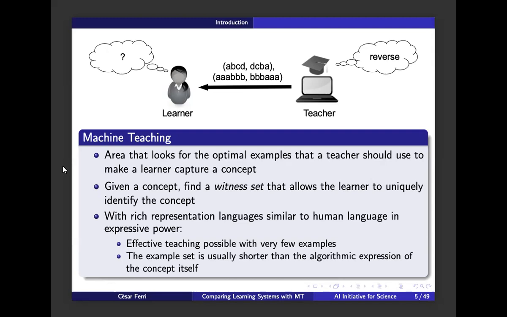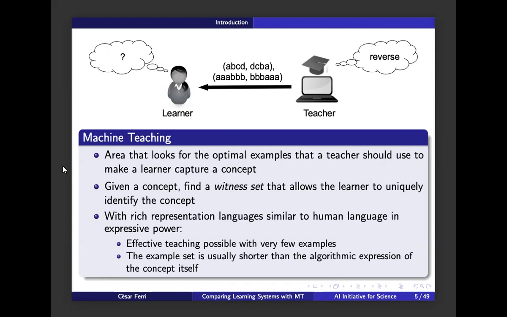It's an area that looks for the optimal examples that a teacher should use to make a learner capture a concept. Given a concept, we want to find a witness set that allows a learner to uniquely identify this concept. And if we are using a rich representation language, similar to human language, there are several advantages.